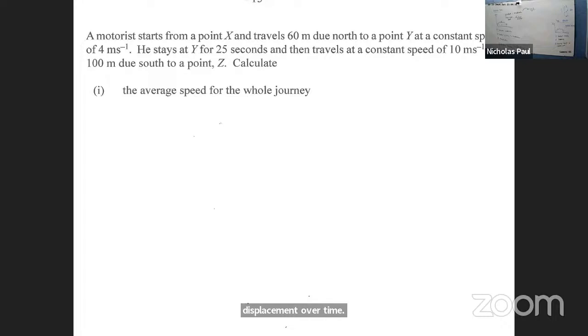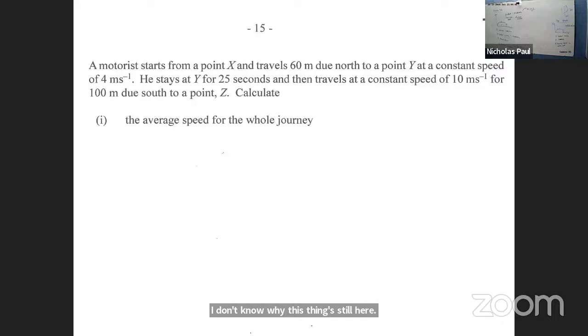I don't know why this thing's still here. Time. Try this one, please.